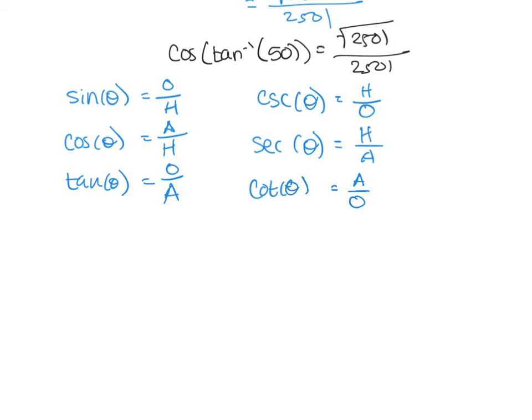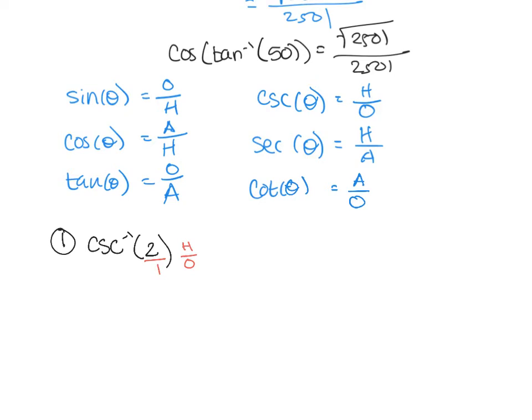So for instance, if I gave you a problem of cosecant inverse of 2, you might be like, I have no idea what that is. What is that ratio? Well, cosecant of 2 is really cosecant of 2 over 1, which is our hypotenuse over opposite.